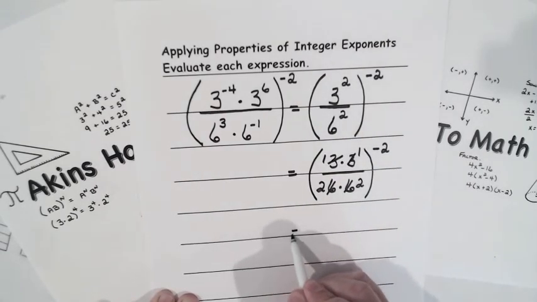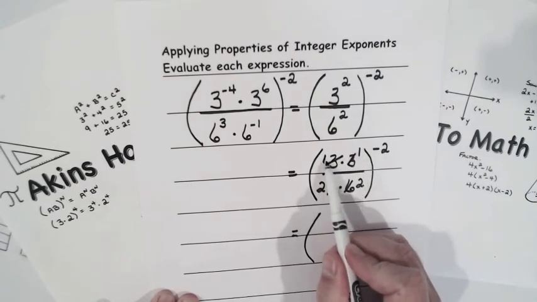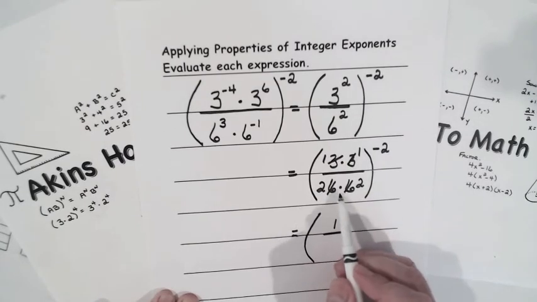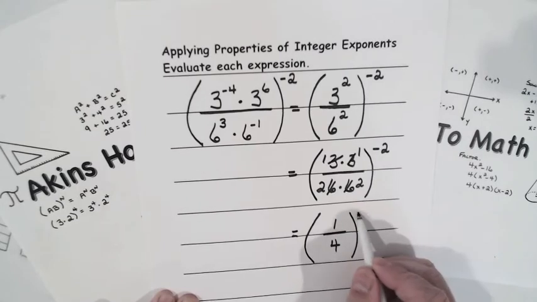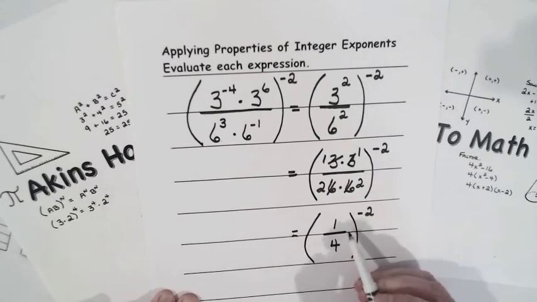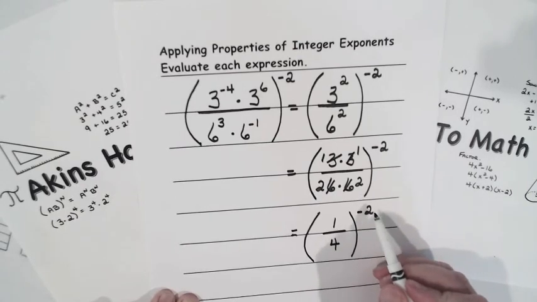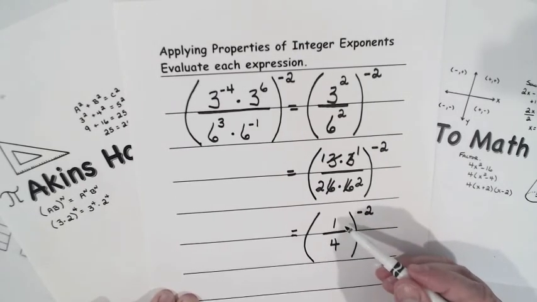Now that I've got those numbers as small as I possibly can get them, I'm going to go ahead and multiply these in the top. 1 times 1 is 1. 2 times 2 is 4. Now that I have one number, 1/4 inside here, I'm going to apply this negative exponent. This negative exponent means I need to flip this fraction around, and I'm going to do that.